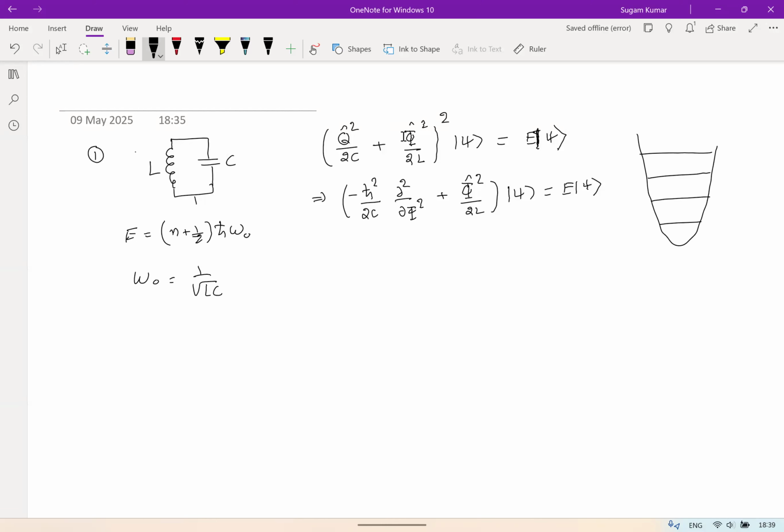I defined one term which I will be using frequently. This is called the single electron charging energy, and I define this as EC equal to E square by 2C.